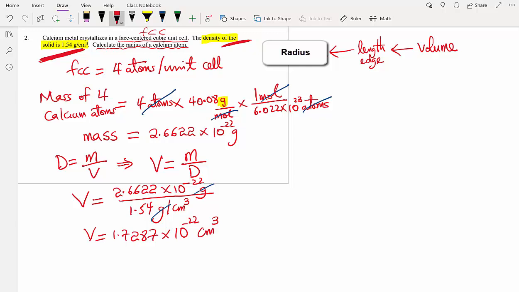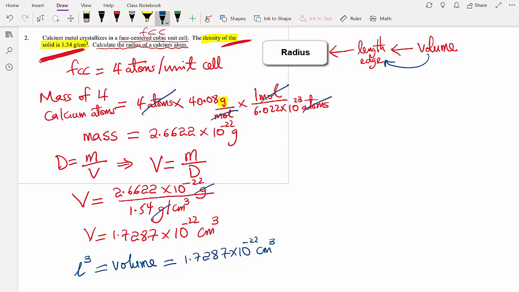Now we know the volume. We can now use the volume to find the length of an edge of the unit cell. We know that the cube of the length of an edge will be equal to volume. So let us plug in the value of volume, 1.7287 times 10 to negative 22 cubic centimeter.